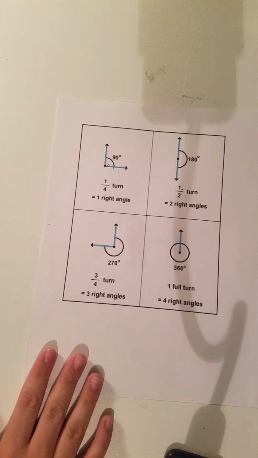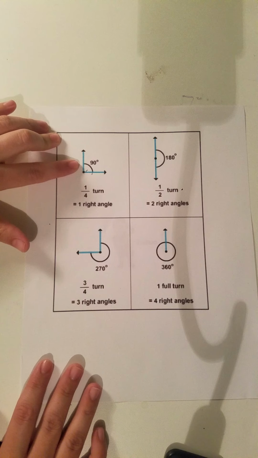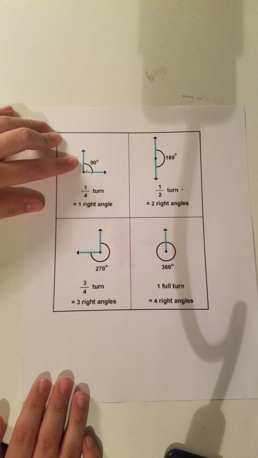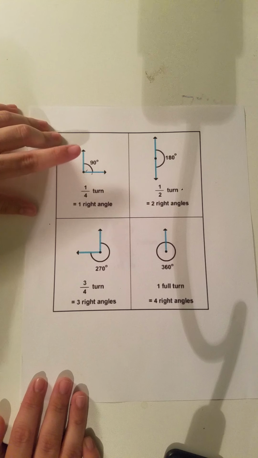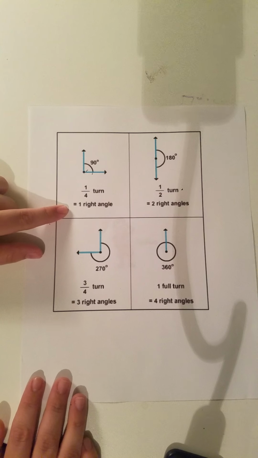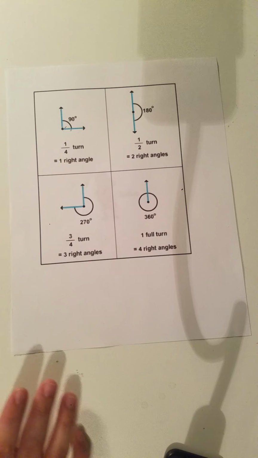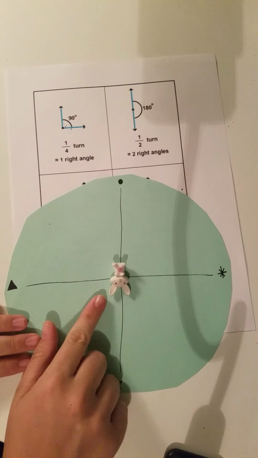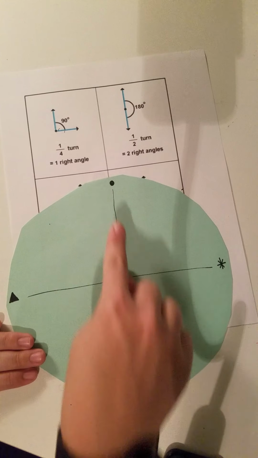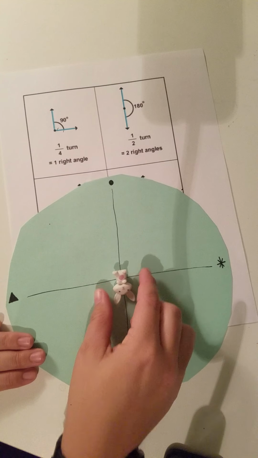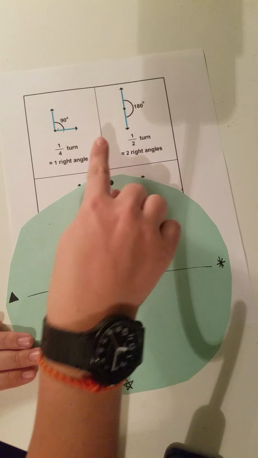This first angle right here is a 90-degree angle. You probably remember this from your slides before, but a 90-degree angle is also called a right angle. If we're trying to determine the degrees that someone should turn, we're going to pretend my little bunny is facing, if I held him up, it makes it a little hard to see, so I'm going to hold him flat, but I want you to imagine that he's looking that way.